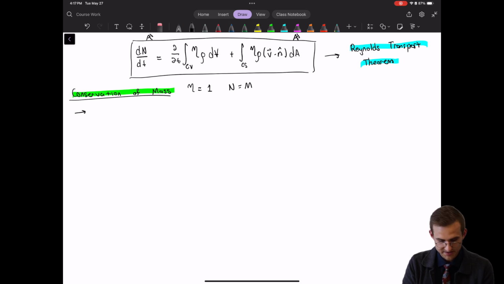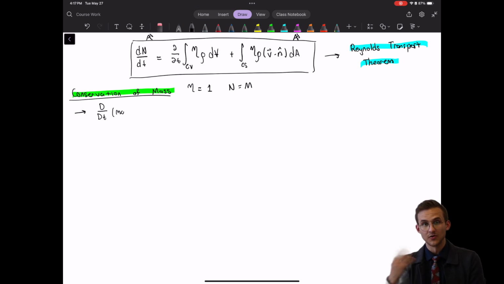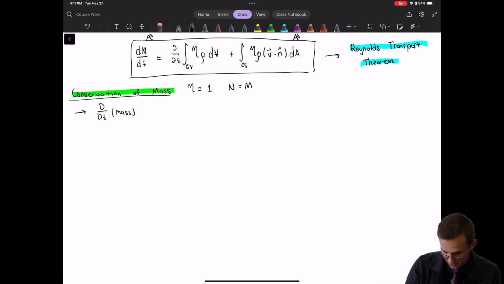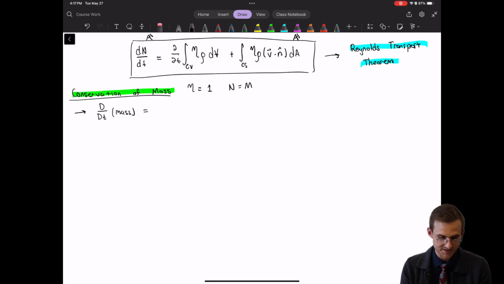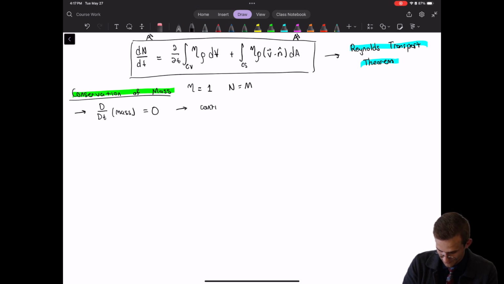Since we don't have any relativistic effects, we know that the total derivative of the mass as we follow the mass around is equal to 0, right? Mass doesn't change. Mass is conserved. And this is actually known as the continuity equation.